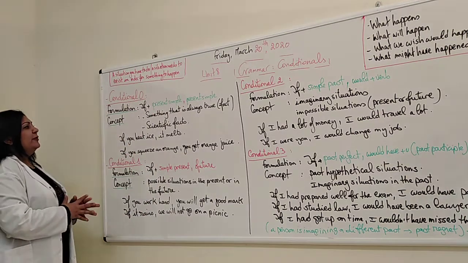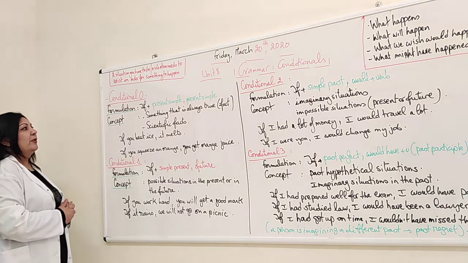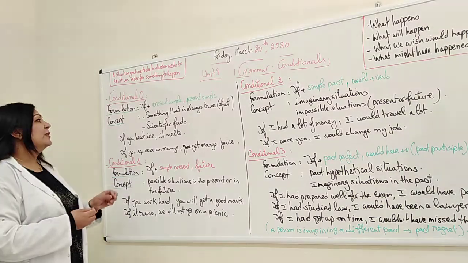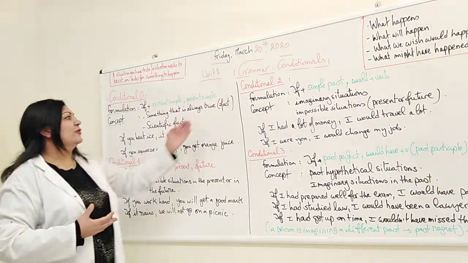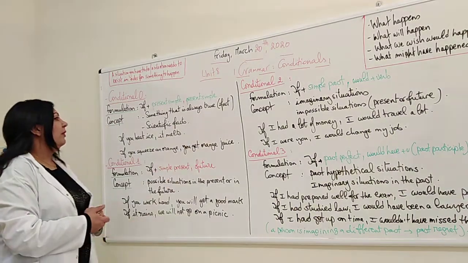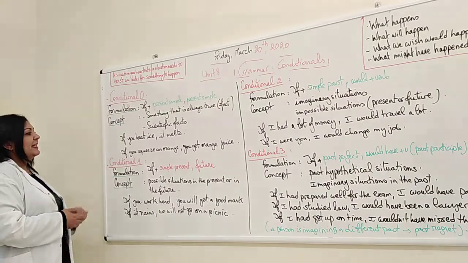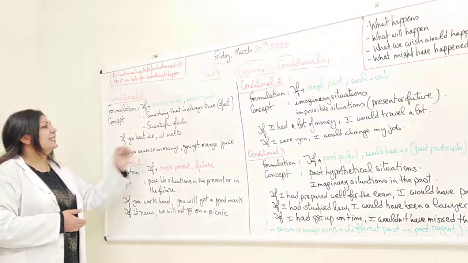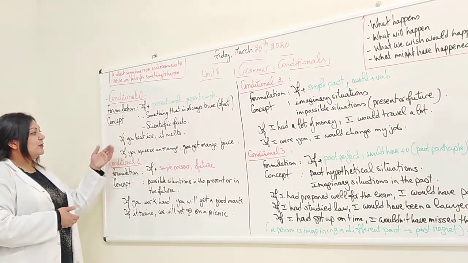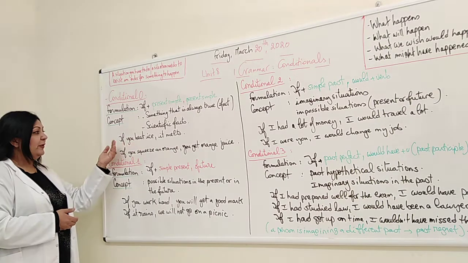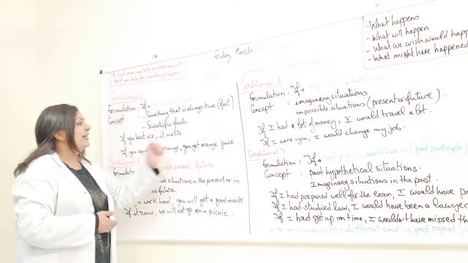Now, conditional type 0 is used when something is always true, it's a fact, or whenever we talk about scientific facts. For example, if you hit ice, what happens? Of course, if you hit ice or when you hit ice, it melts.